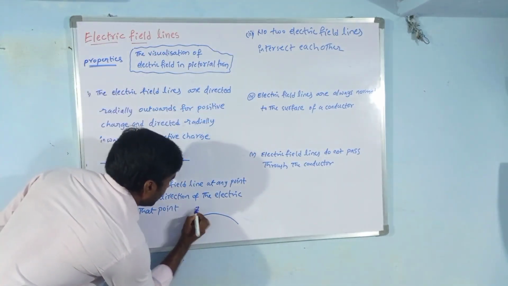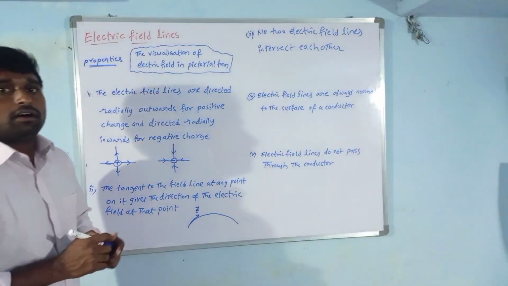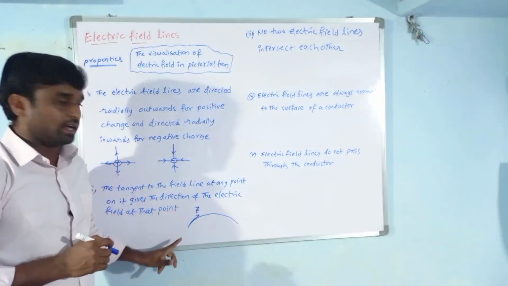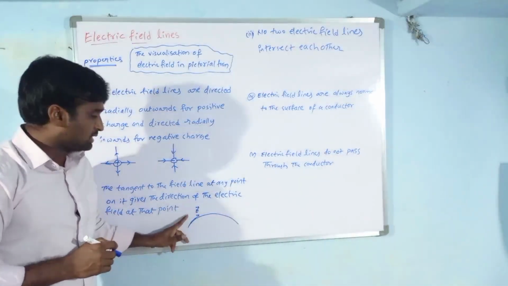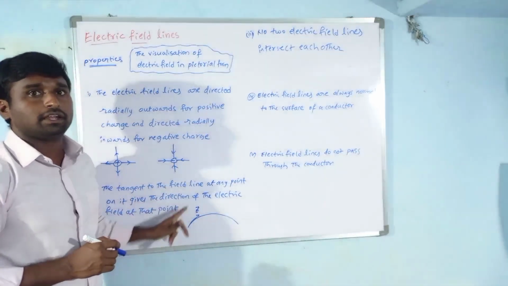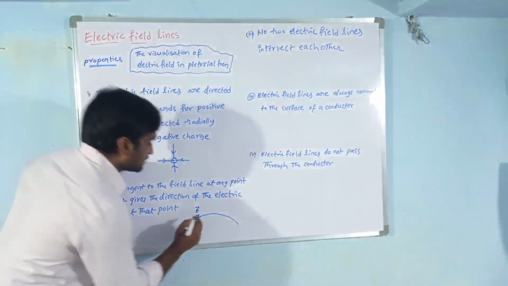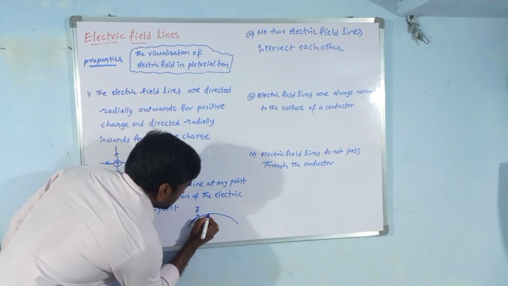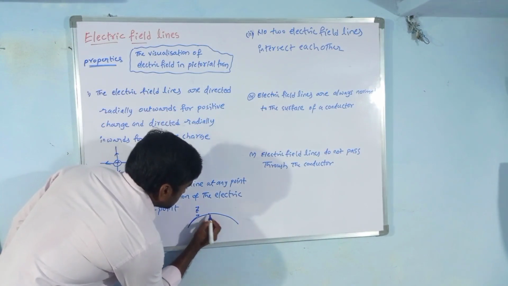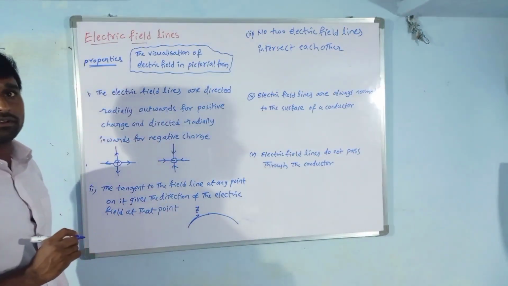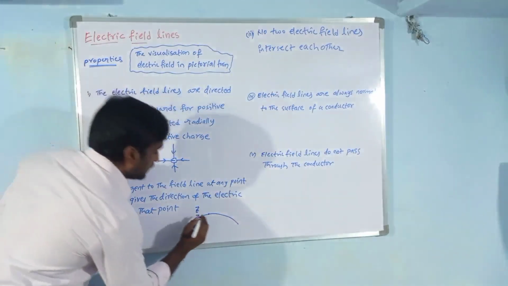If we draw a tangent on the electric field line at any point, that tangent represents the electric field at that point. Suppose you want to know the direction of the electric field at this point, we can find it by drawing a tangent at that point.